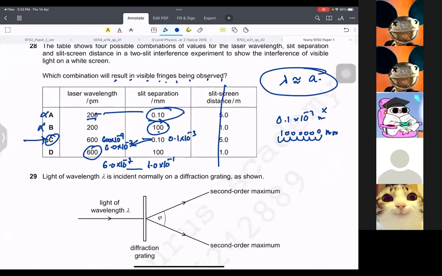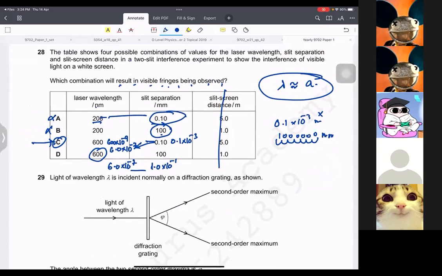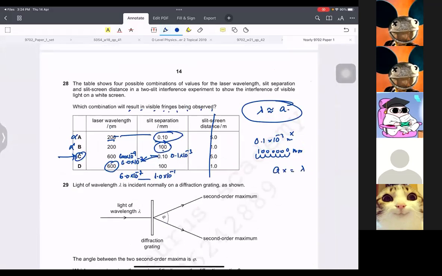If I want to calculate the fringe spacing, should it be greater or less for it to be visible? It doesn't matter, but because it is ax equals lambda d, right? This should be closer to each other, right?